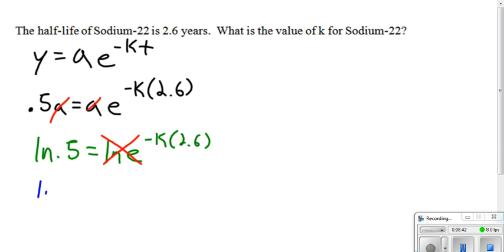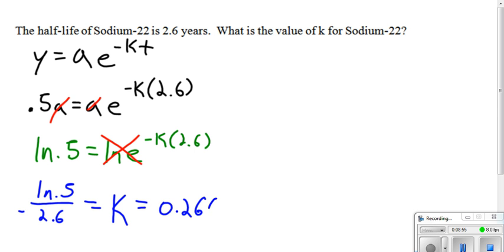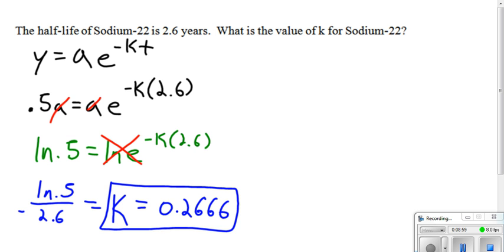So we get ln 0.5 over negative 2.6 equals that k value. And plugging that into our calculator means that k equals 0.2666. So that is our k value, what it is appreciating or depreciating over time.